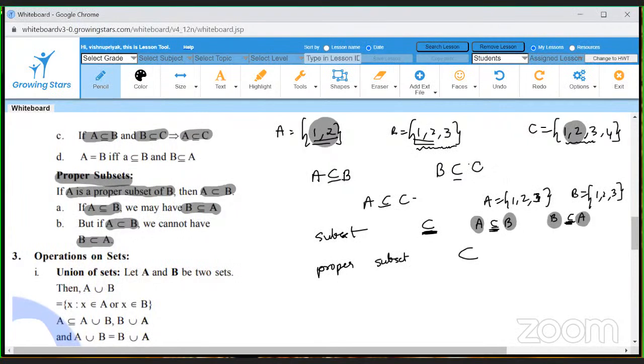That can happen when you call subset. But in proper subset, that cannot happen.